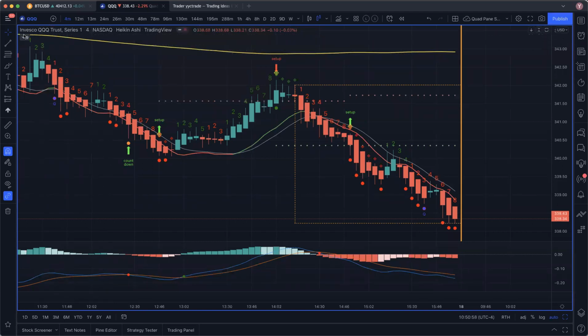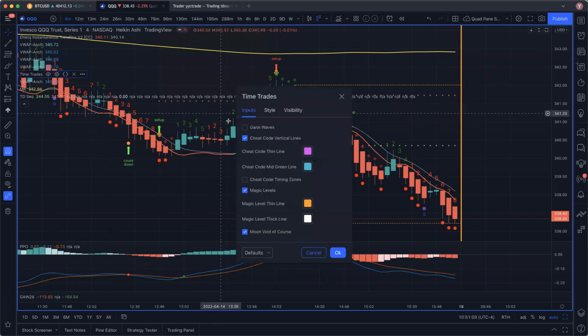And if you take a look at the Time Trades script, this is the Time Trades indicator. You'll see down here, there's a new checkbox and an item called moon void of course. And this is very useful for intraday timing. I'll explain what it is in a second.